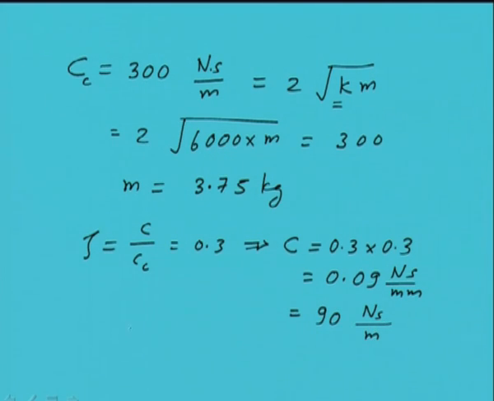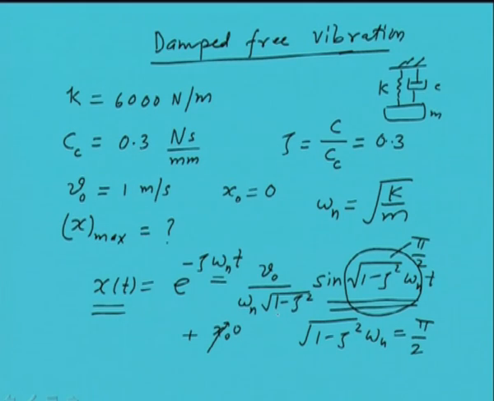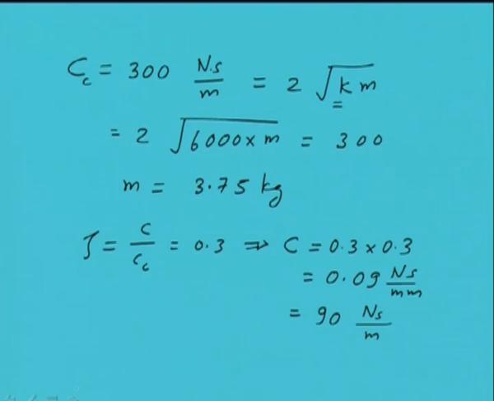Now again we come back to the displacement equation which I wrote here. When this particular quantity is unity, we get the maximum displacement, and for this to happen we found this condition, so t is the time at which it is maximum. We can write omega n t as pi by 2 times 1 by square root of 1 minus zeta square.